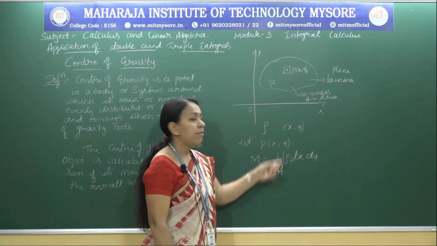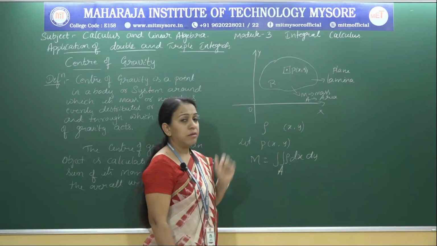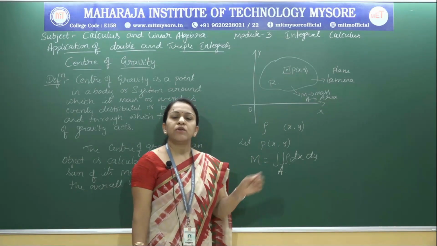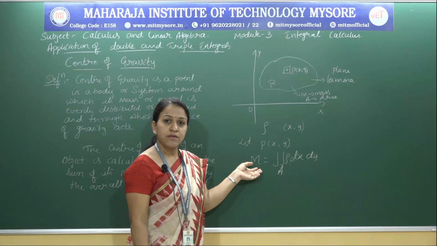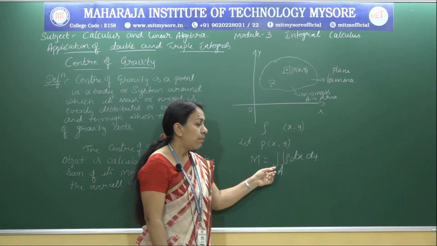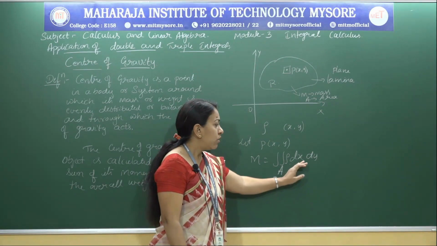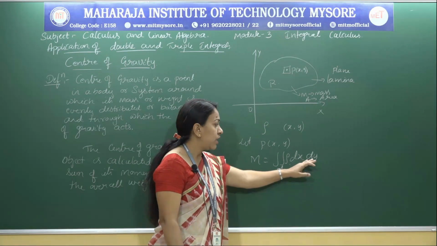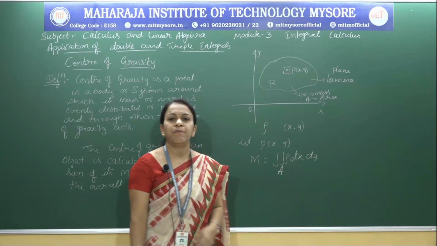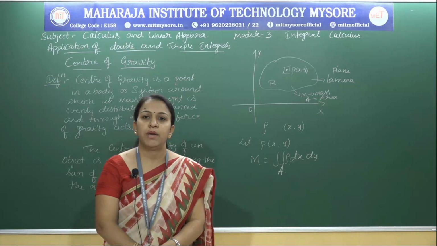Let P of x comma y be any point on the plane lamina. Then the total mass of the plane lamina is given by m equal to the double integral of rho, that is the density, dx dy over the given area of the lamina.